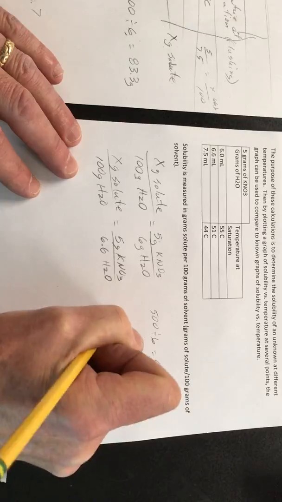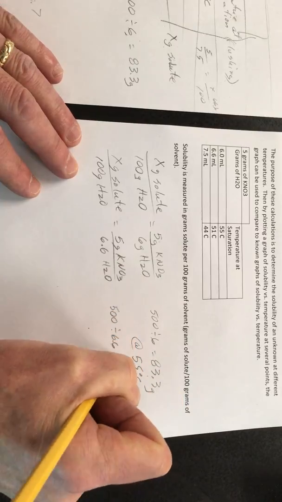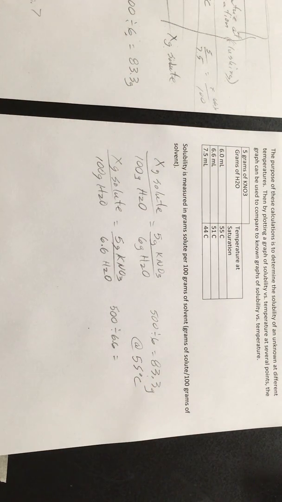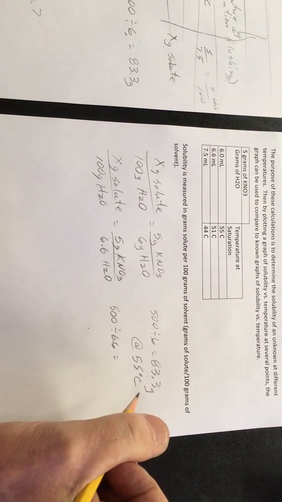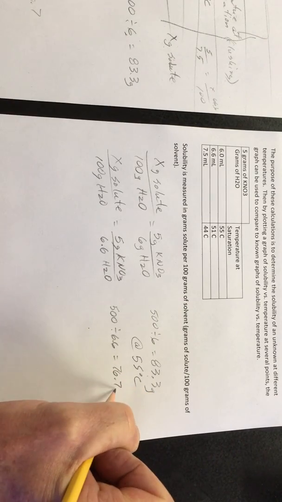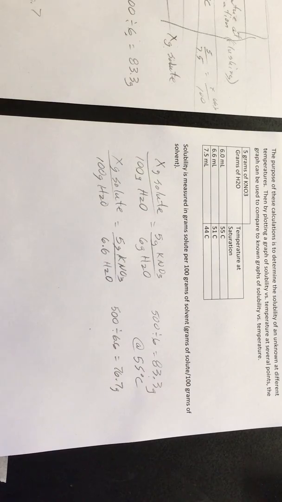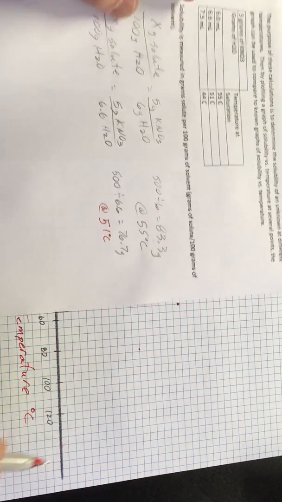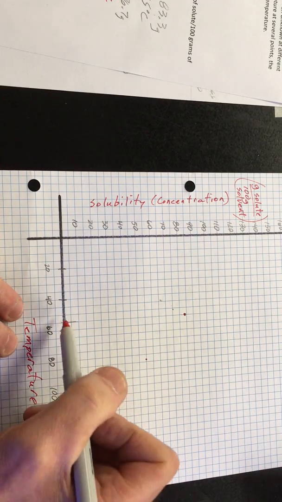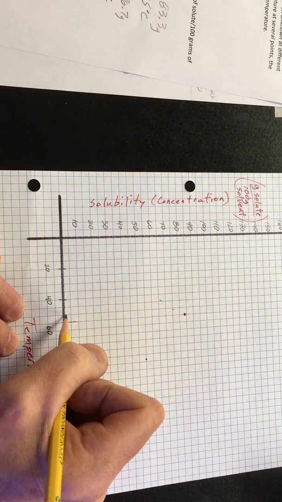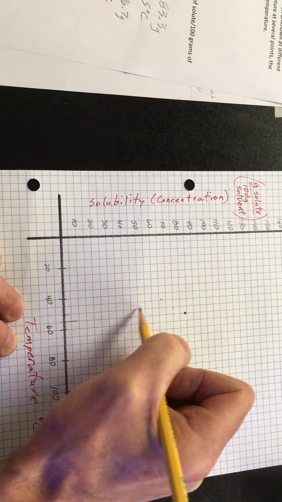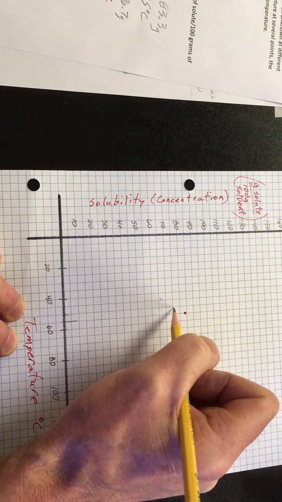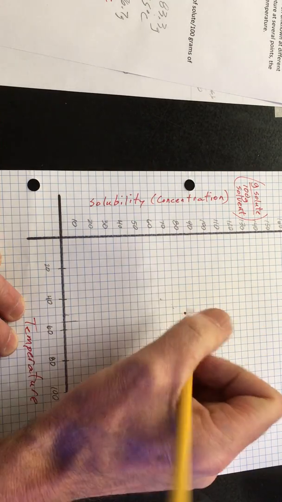And again, if I cross multiply and divide, I get 500 divided by 6.6 equals 76.7 grams of solute. And so now I'm going to go back to my graph, and this time this was at 51 degrees Celsius. So now I'm going to go to 51 degrees. Here's 50, about 51, about right there. So I'm going to follow that up. And right there is my point at 76.7.